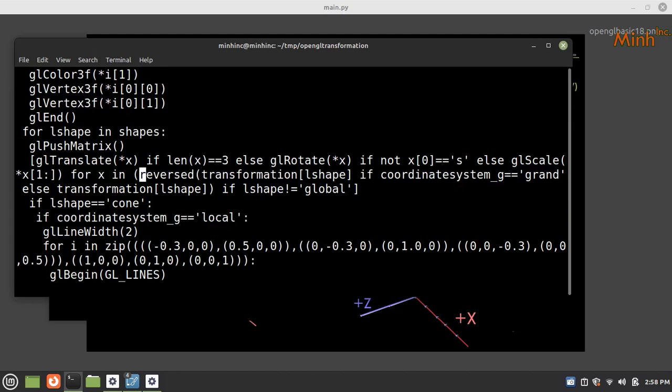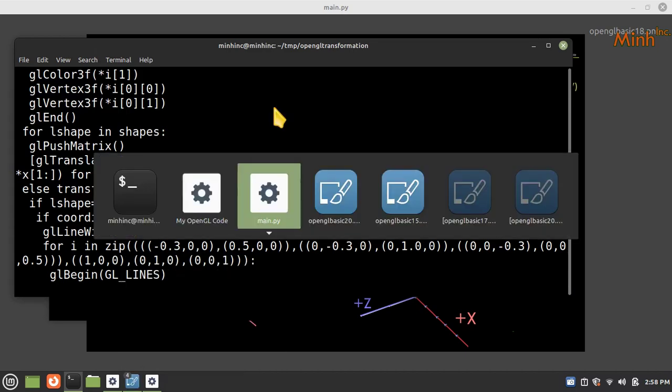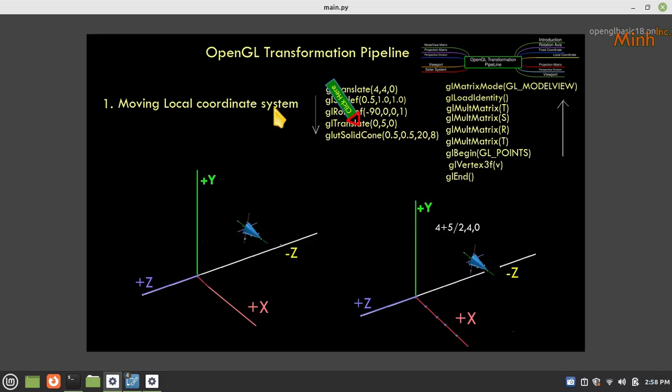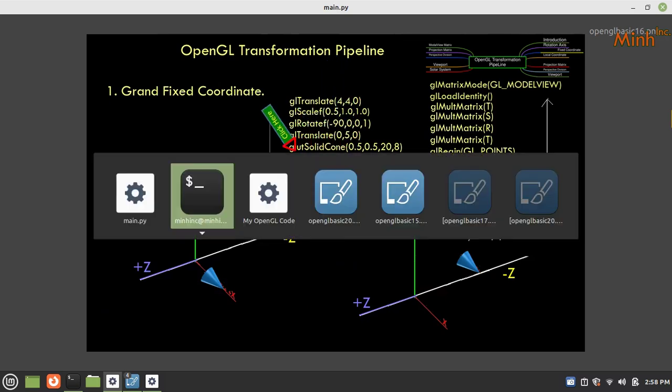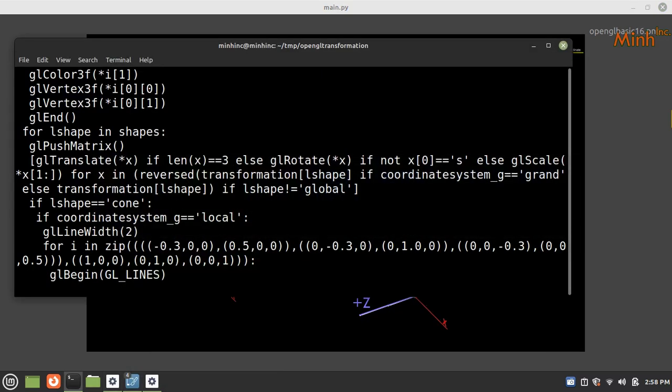So for the grand coordinate system, we are making it reverse. Whatever transformation we got, it is reversed. So this is top to down, and in grand it is bottom to top. So we'll do the computation in reverse. In the actual code, whatever happens that we have showed you, now we'll make it reverse. So reverse transformation L shape.